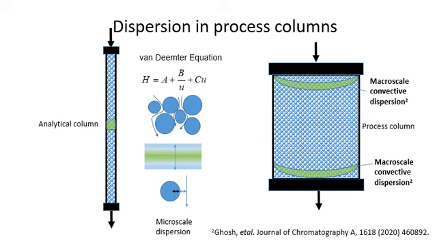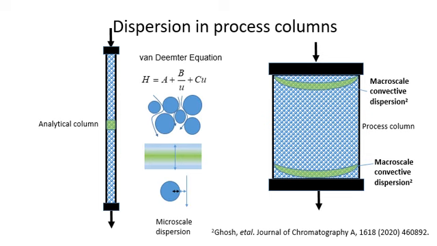Consequently, we could expect a solute band to get distorted as shown in the figure on the right. In effect, a molecule traveling along the axis of the column would travel a shorter distance than a molecule traveling along the wall of the column. Also, the average velocity of a molecule traveling along the axis would be greater.